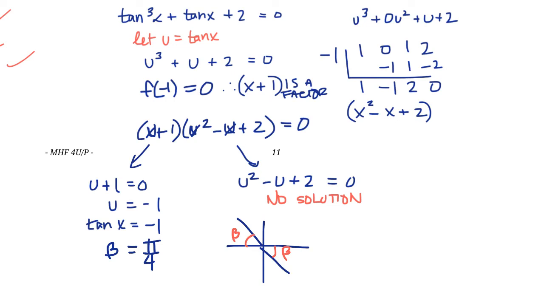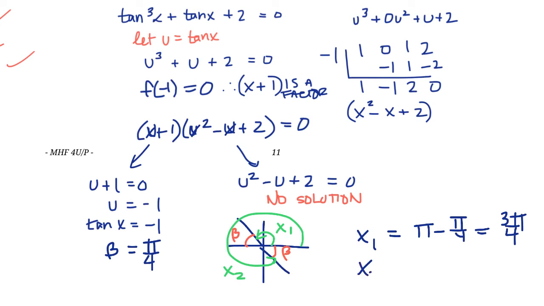So that means our x values, our x1 is going to look like this, and our x2 goes all the way around like that. So that tells us our x1 is just going to equal pi minus beta, pi minus pi by 4, which is going to give us 3/4 of pi, right?